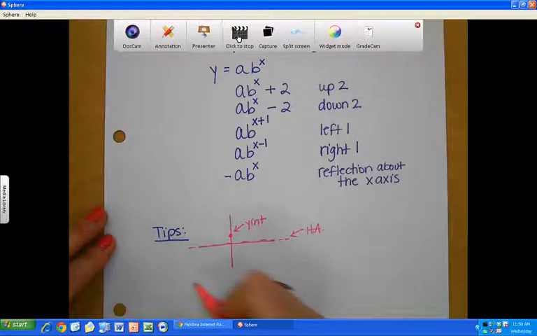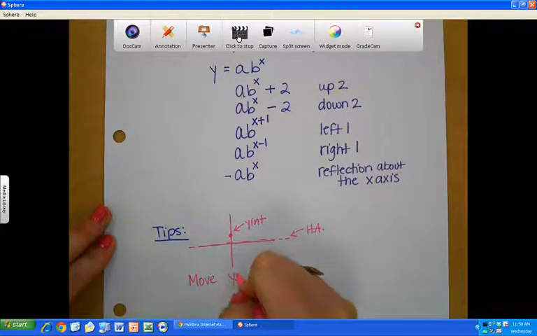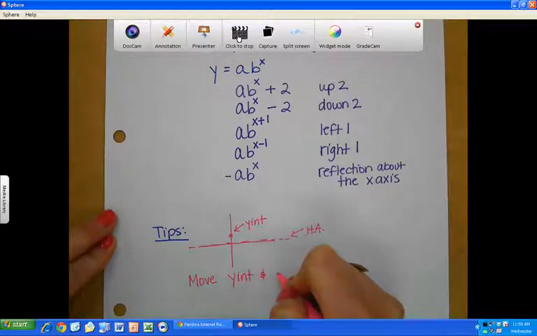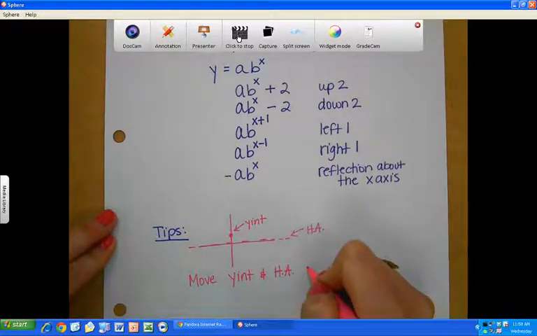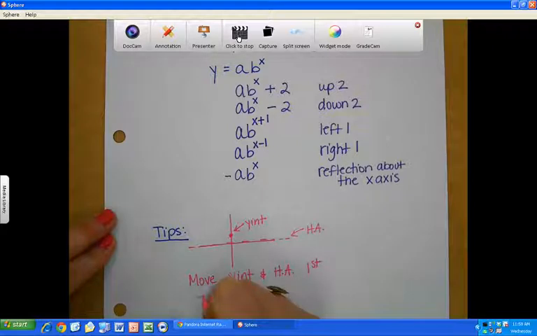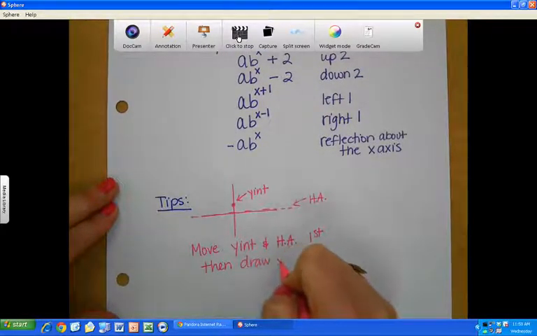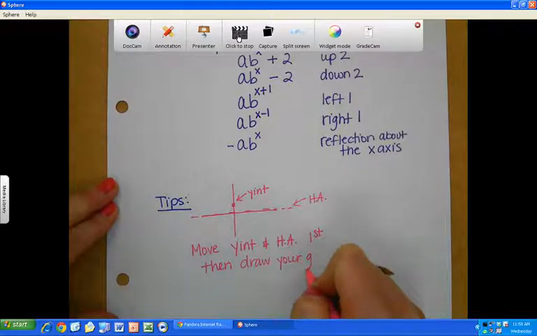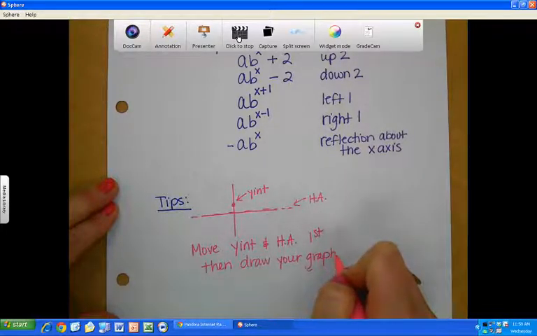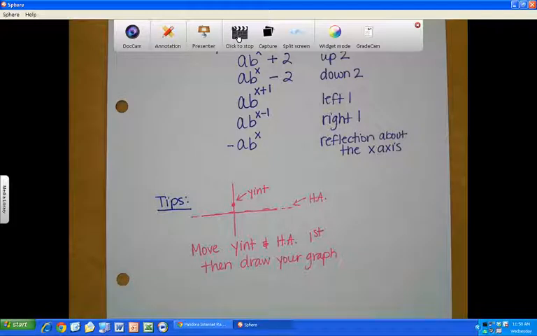So the main tip I have for you is to move the y-intercept and horizontal asymptote first. Then draw your graph. That's just a basic tip that I think you'll find useful when you do these.